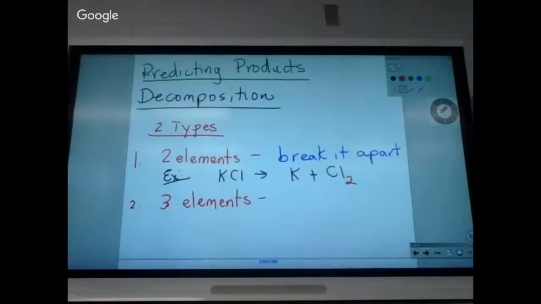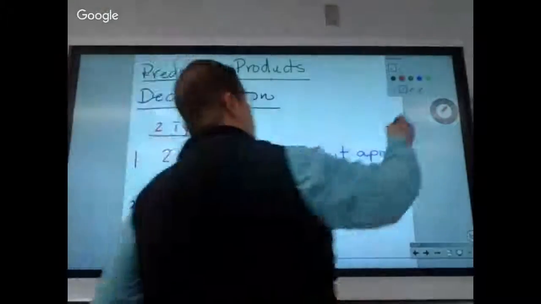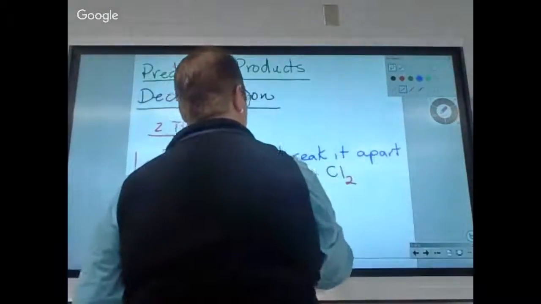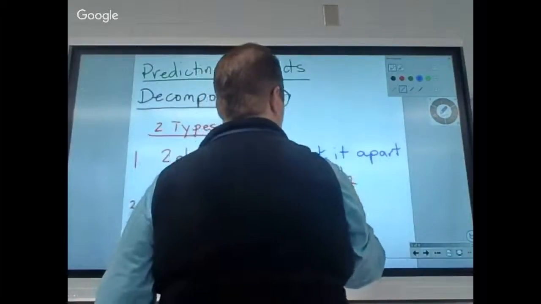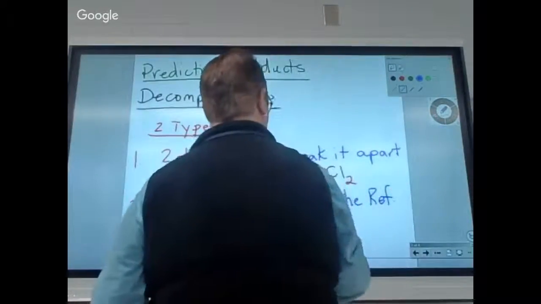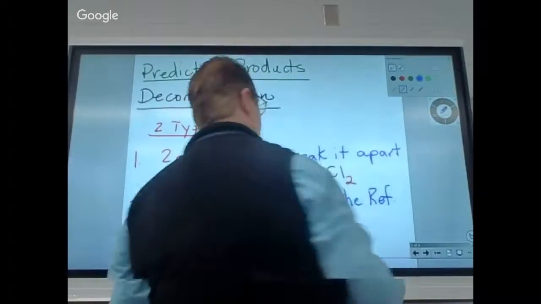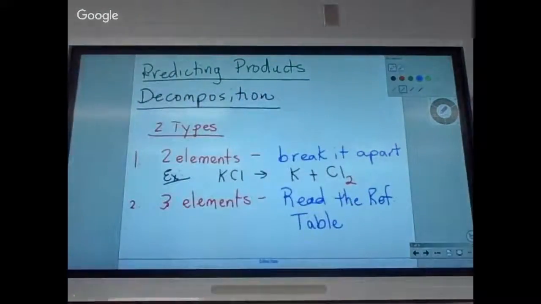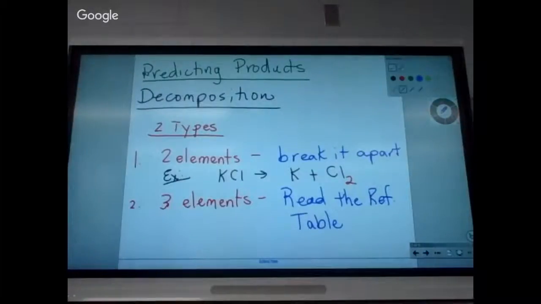Okay? Now, things get more complex when it's 3 elements. If it's 3 elements, we have to read the reference table. Now, you can read the reference table for 2 elements also. There's nothing wrong with doing that, but it's going to tell you exactly what we just did.